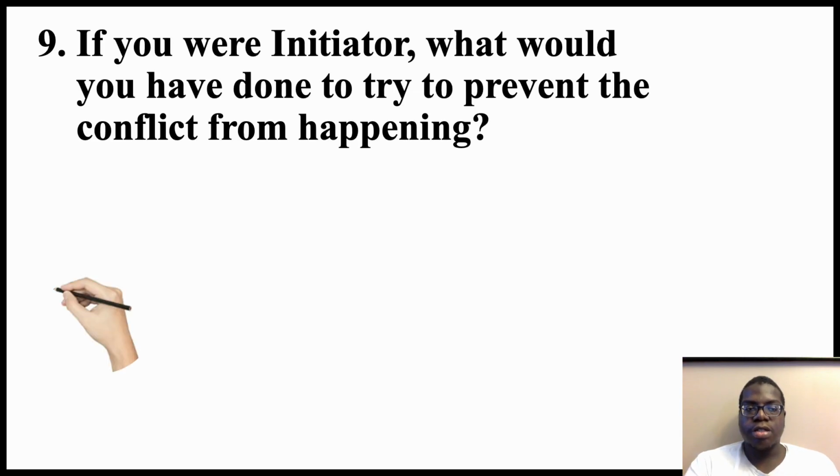Read the question. Question 9. If you were an initiator, what would you have done to try to prevent the conflict from happening? Think about the snippet. Now think about responders' emotional response. What would I have done differently so that the conflict would not have happened? I would have asked her for the tablet.